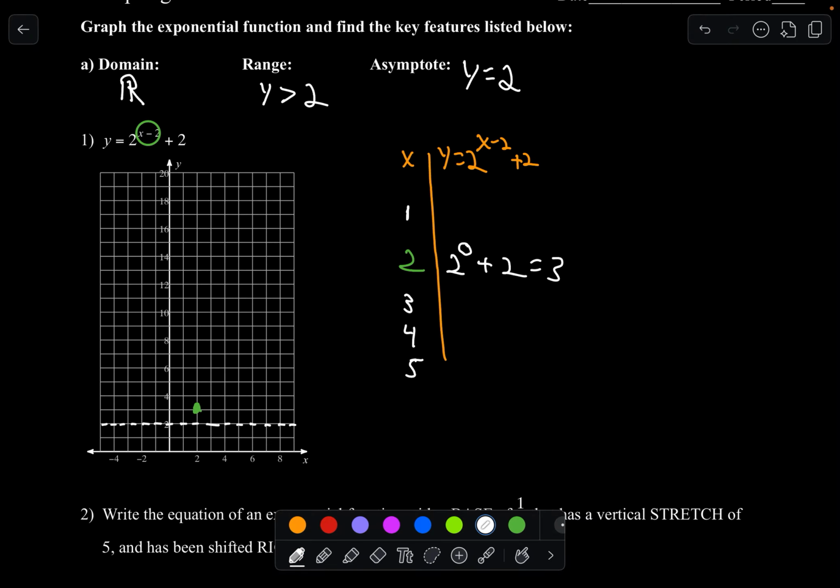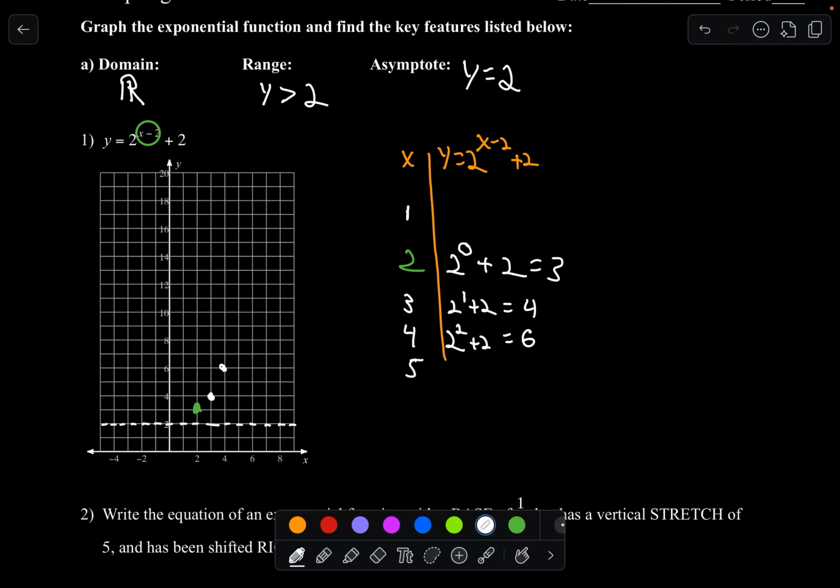If you put 3 in for x, that's 3 minus 2, which is 2 to the first plus 2, and that's 4. So when x is 3, we're at 4. When x is 4, that's 4 minus 2 is 2, 2 squared is 4, and 4 plus 2 is 6. So when x is 4, the output is 6.